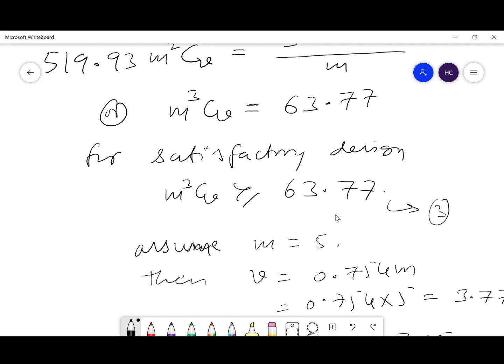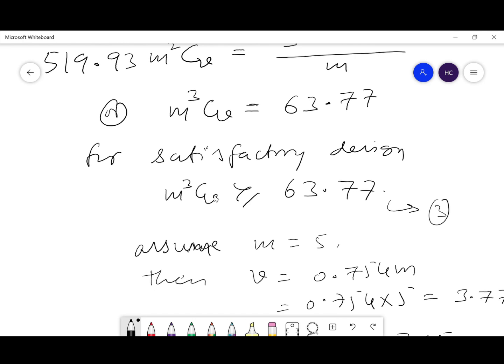So, as a trial, actually this is a trial and error method, so we need to follow. As a trial, we have to substitute some value for module to find out whether LHS is greater than or equal to RHS. Now Cv is the velocity factor, which is always less than 1.